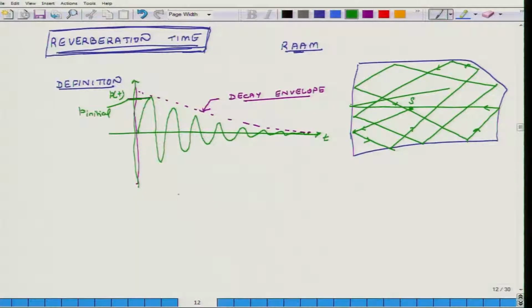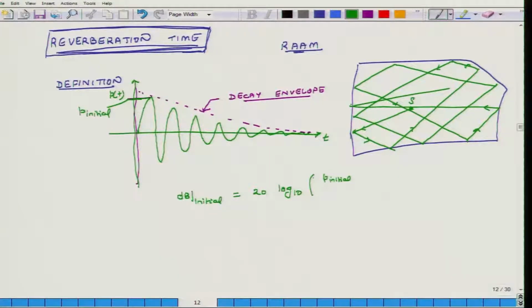So, what is the initial decibel value? dB initial is equal to 20 log 10 of the RMS value.